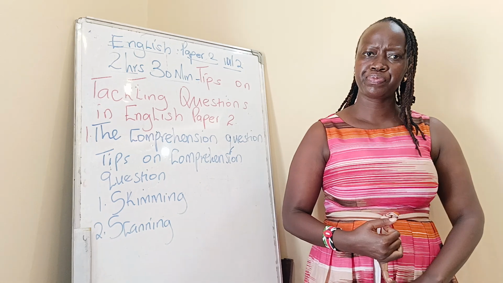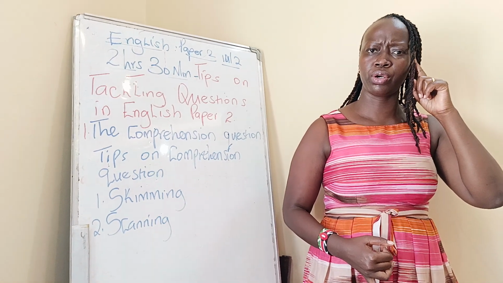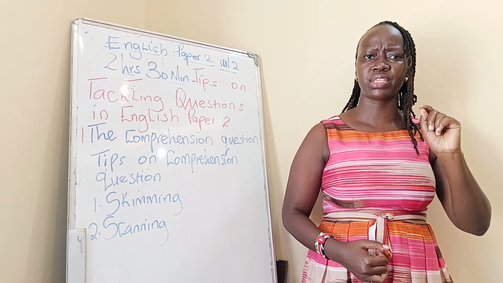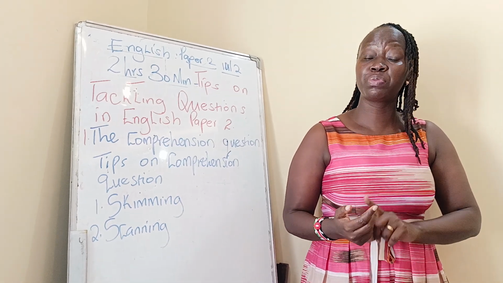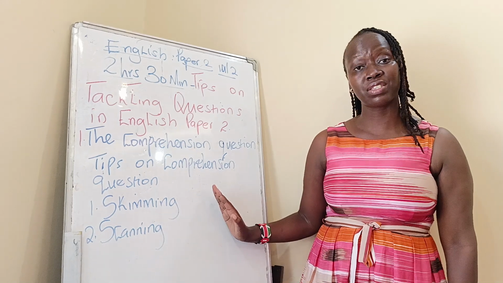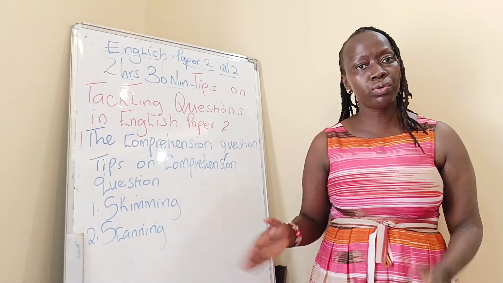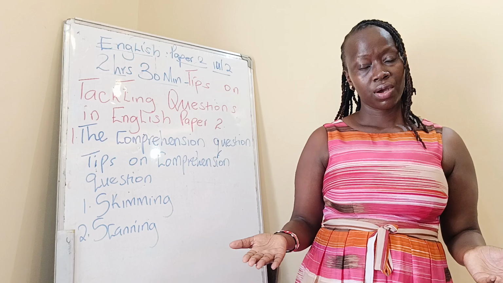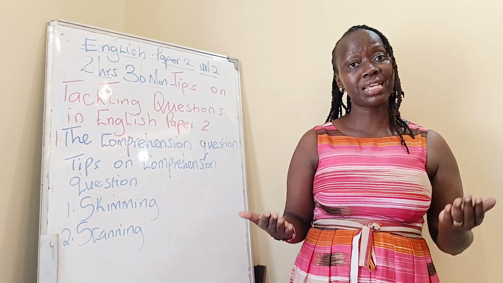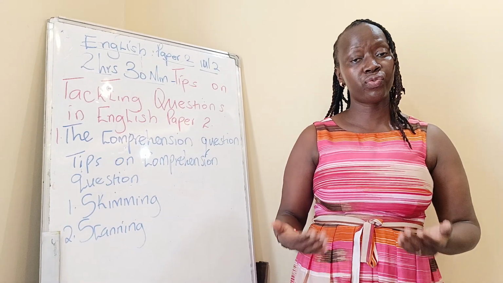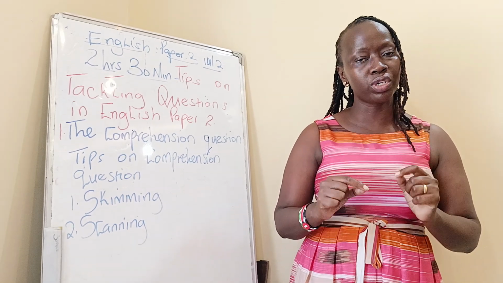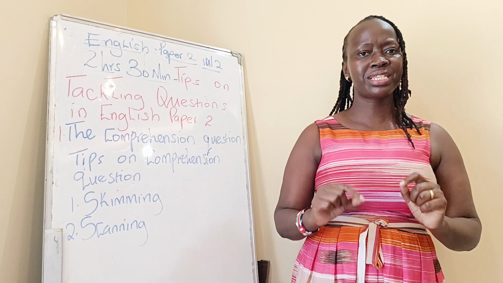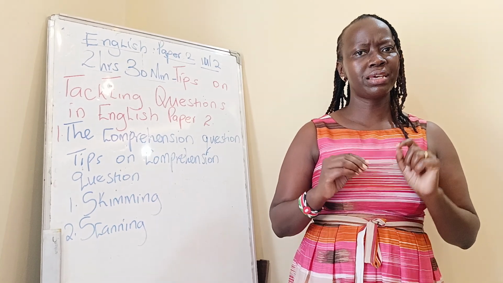Also, ensure that you know that questions on summary and note making are never missing. So, are you good at summary writing? Do you know how to make a summary? Ensure that you follow those instructions and you make sure that you know exactly what you're doing. Do not take chances. These are the number of marks.